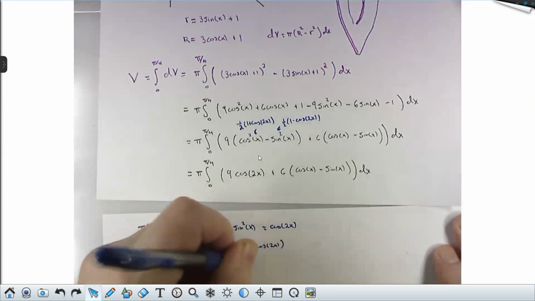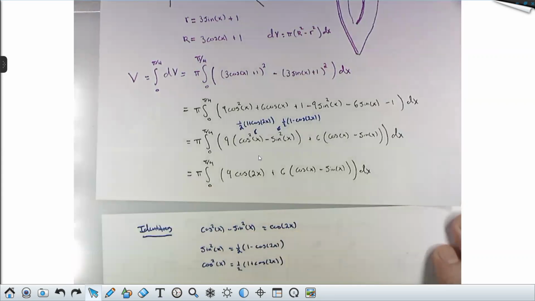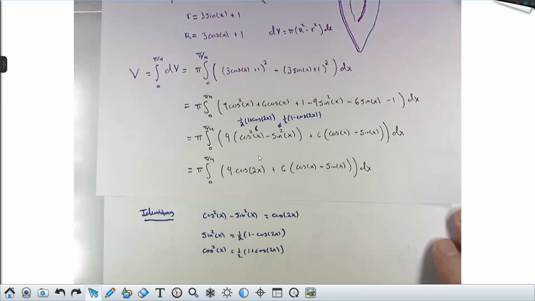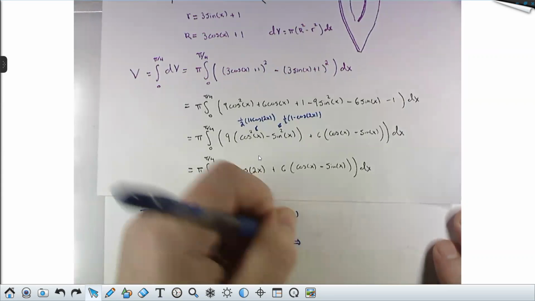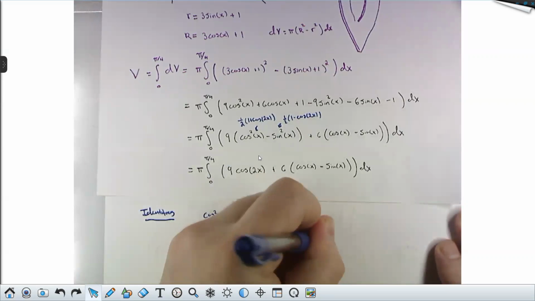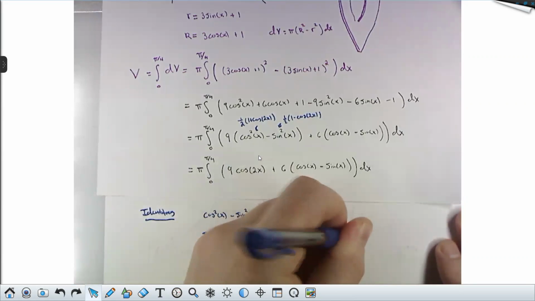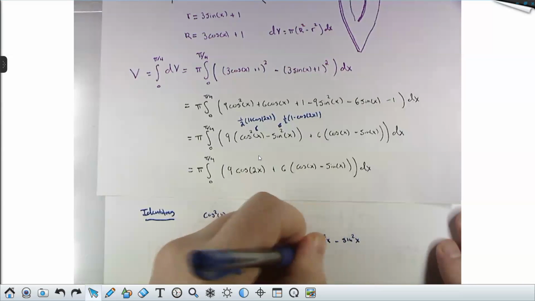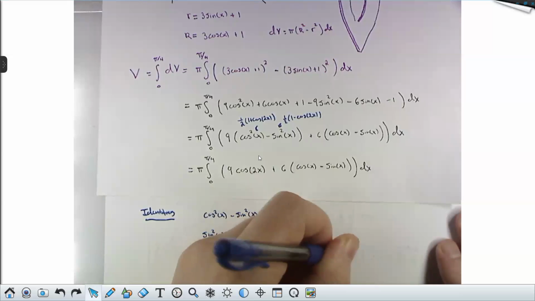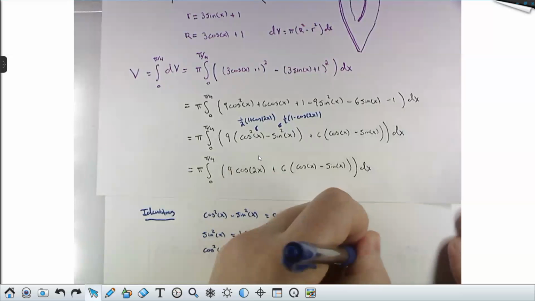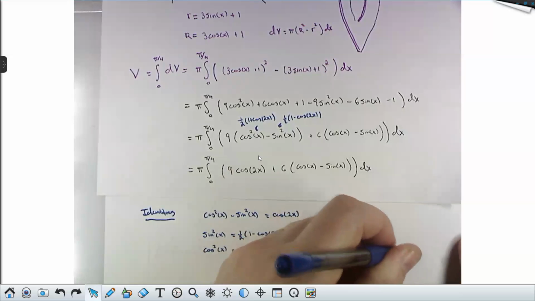So if you forgot the identity at the top, you can combine the two at the bottom. These two as a pair imply that cos squared x minus sine squared x is equal to 1/2 times 1 plus cos 2x minus 1/2 times 1 minus cos 2x.